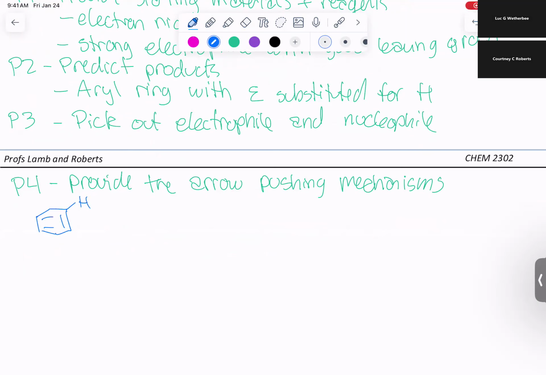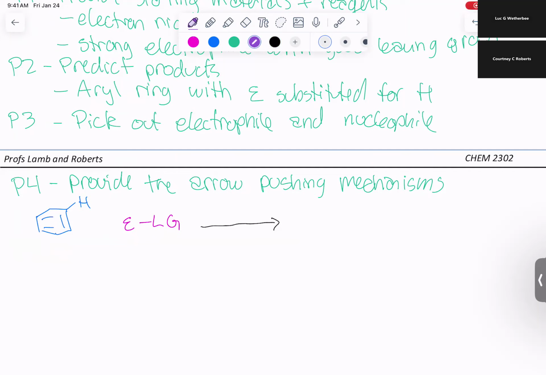Doesn't matter which CH it is. I'm going to draw our electrophile and our leaving group, and I'm going to draw the generic mechanism. As we go along in this class, electrophile and leaving group are all going to behave a little bit differently. The generic mechanism and the patterns that Professor Lamb talked about on the first day still hold, but it's going to look a little bit different depending on what we're substituting with.